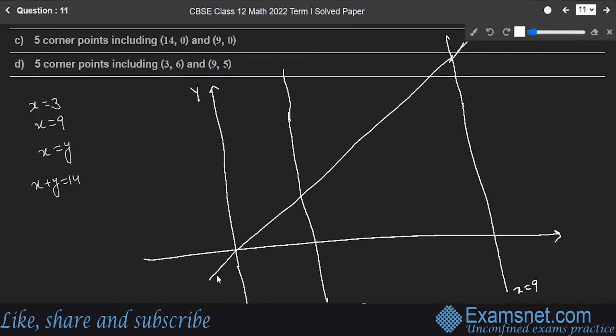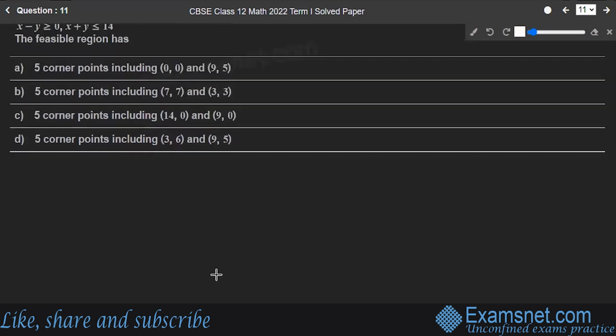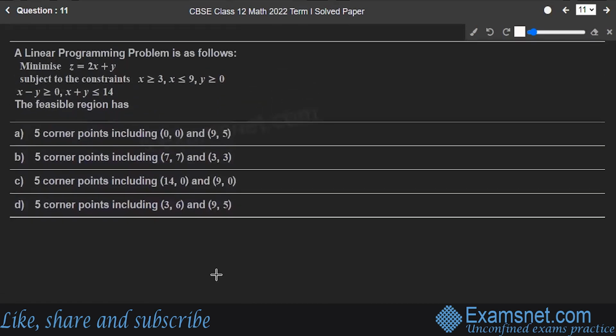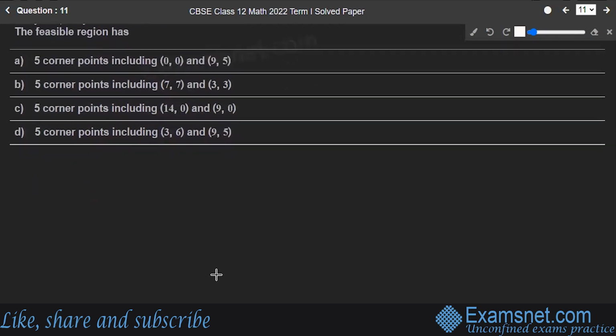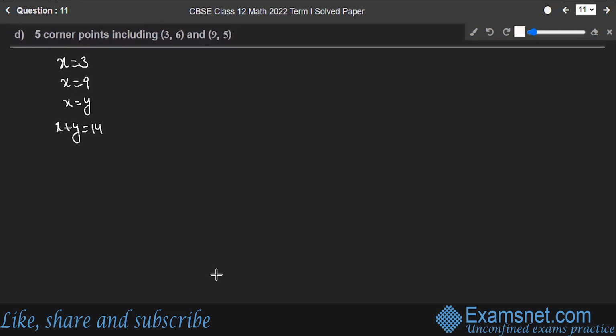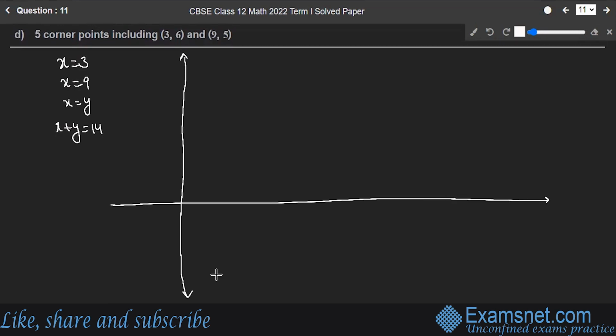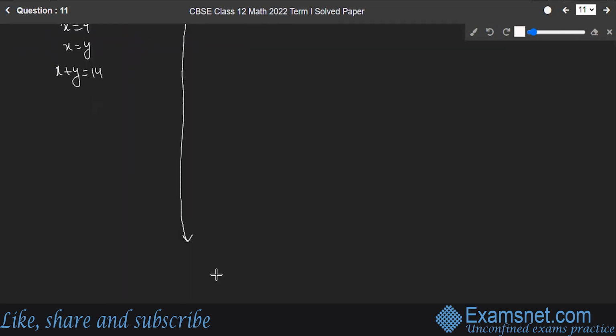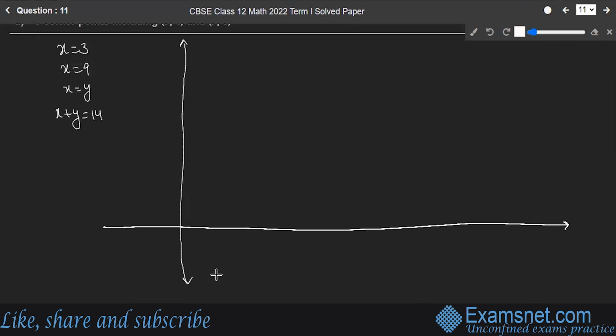This is actually not the proper graph. Wait, I'll redo this one. So this is x is equal to 3, 9, x plus y is equal to 14, and x is equal to y. So this is the line x is equal to 3. This is the line x is equal to 9.